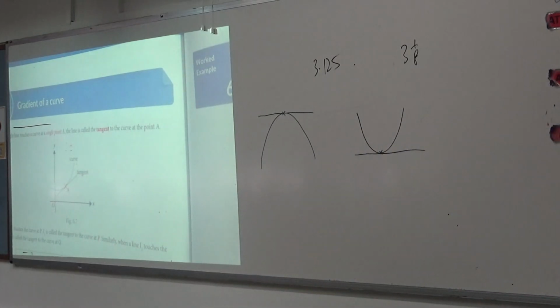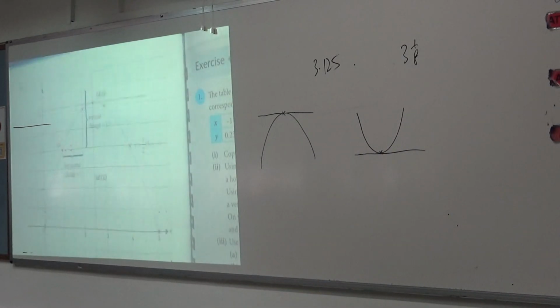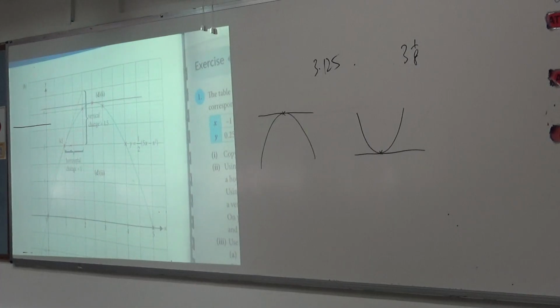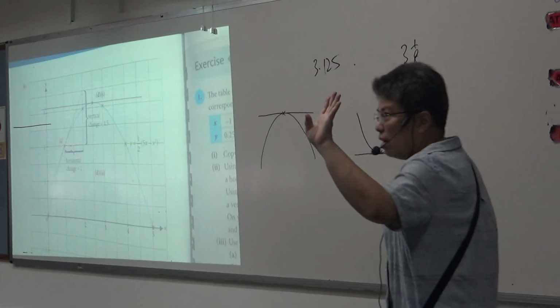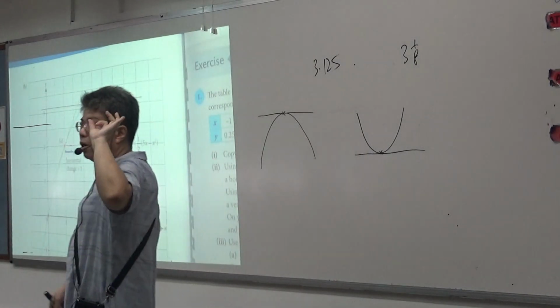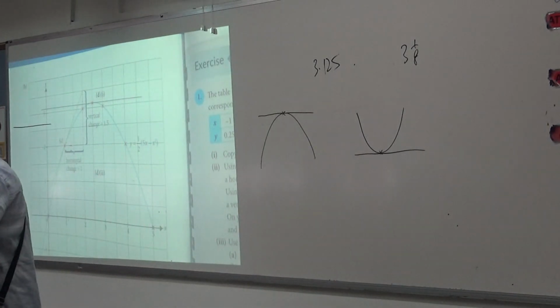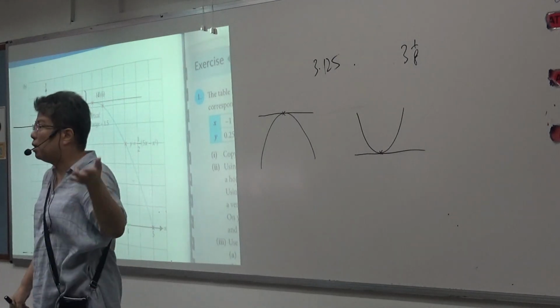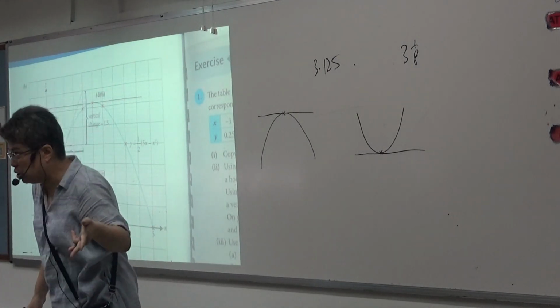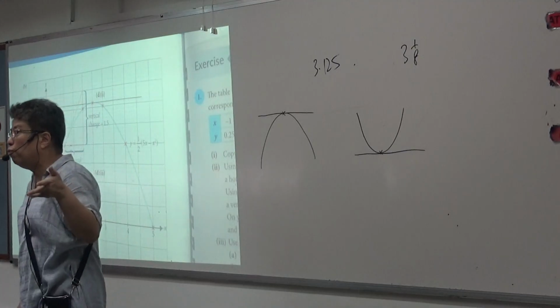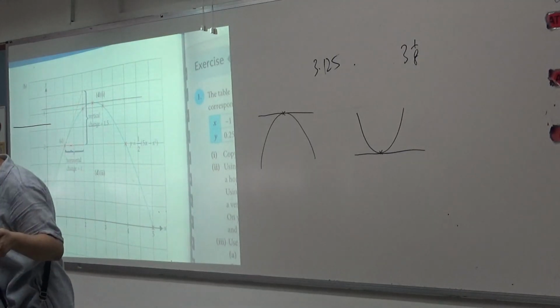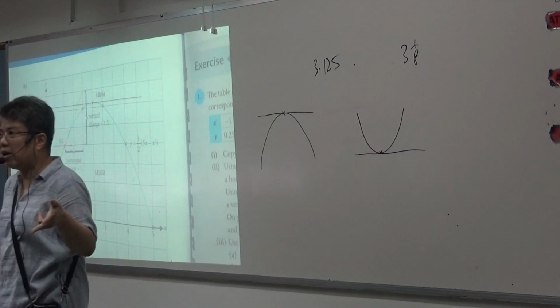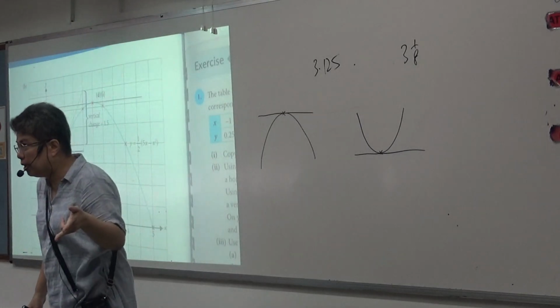Now, so what have I done today? Listen to me. What I've done is the exponential curve. The gradient of the curve at that point, you must draw a tangent. Then you use the gradient formula to find the gradient of the tangent. And you choose 2 convenient points. Don't anyhow choose the points, because it will affect your answer greatly. Everybody clear?